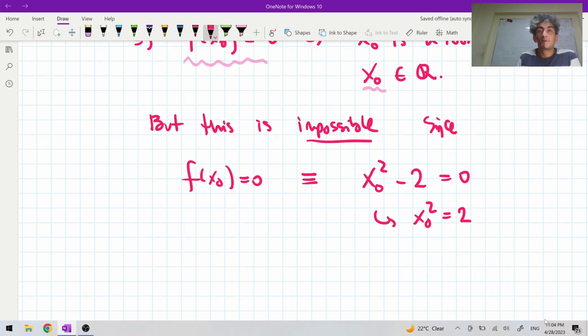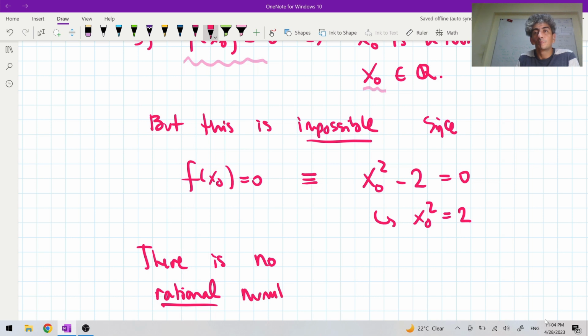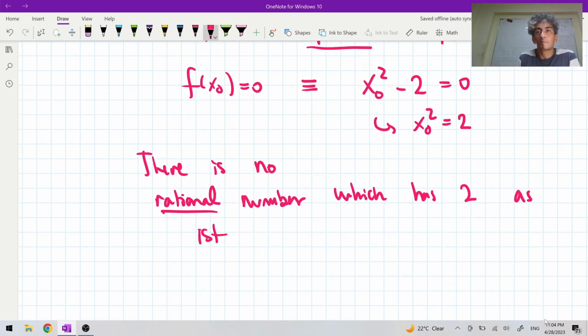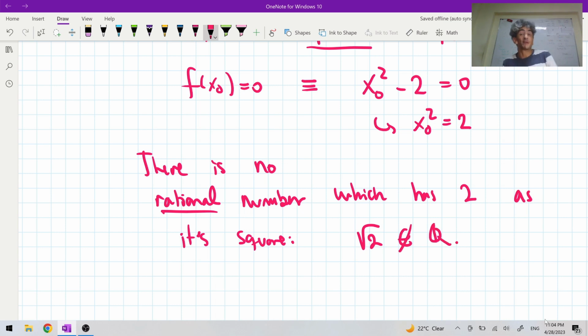And there is no rational number which has 2 as its square. That is, square root of 2 isn't a rational number, which is a very standard fact.